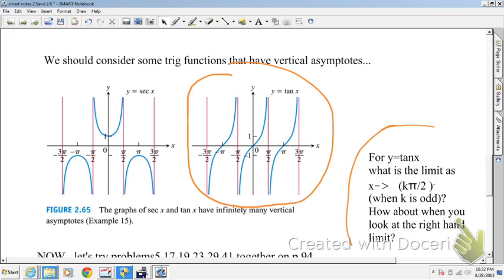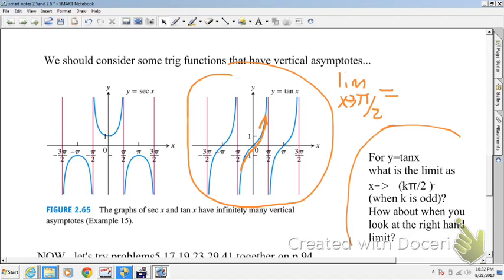Over here I wrote a little note to self. What is the limit as x approaches k pi halves when k is odd? So really, as you're coming in towards pi halves, let's say, and I'm coming in from the left, I'm going to write this.